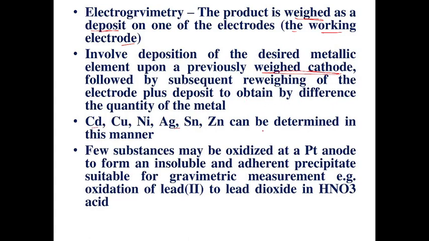So these are the very common metals which can be measured this way. A few substances may be oxidized. It is not compulsory that it is always reduction. We discussed reactions where iron is converted to metal and deposits on the cathode, so that is a reduction reaction, but it is not compulsory. Sometimes a few substances may be oxidized at a platinum anode to form an insoluble and adherent precipitate suitable for gravimetric measurement.